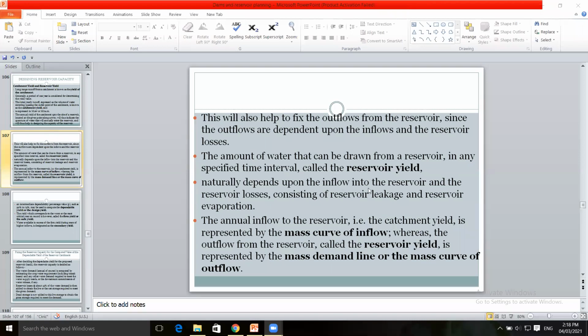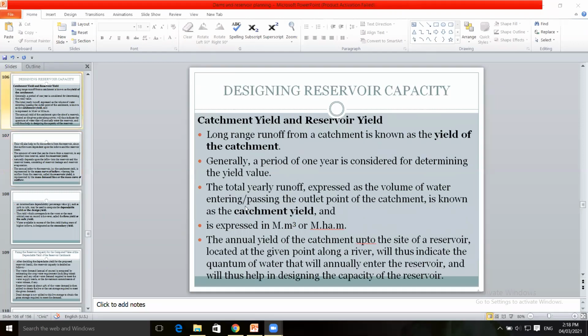It depends upon the inflow into the reservoir and the reservoir losses, consisting of reservoir leakages and reservoir evaporation. So what does reservoir yield depend on? When inflow occurs in the reservoir, we observe the water level and the yield of the catchment, the quantity of water entering the reservoir.